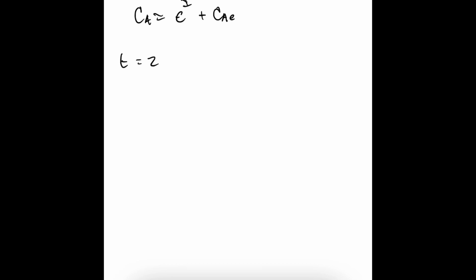T equals 2 hours, 2 hours times 60 minutes per hour equals 120 minutes.